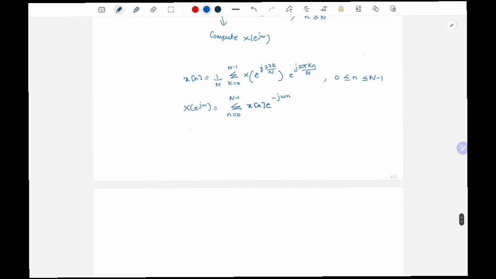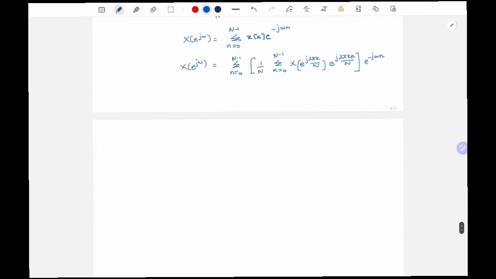That's it, right? So now what do you have? You have to substitute x[n]. So X(e^jω) is equal to summation n equal to 0 to N minus 1, 1 by N summation k equal to 0 to N minus 1, X(e^j2πk/N) e^(j2πkn/N) into e^(minus jωn).